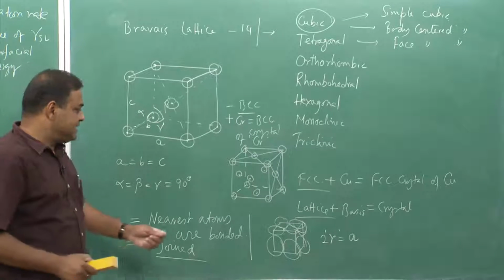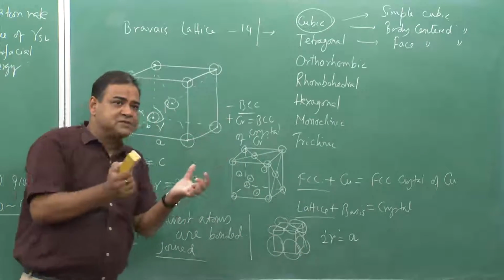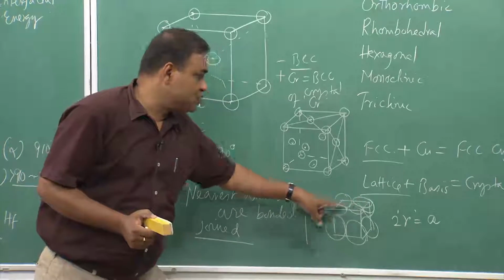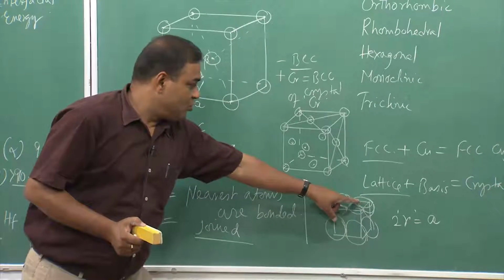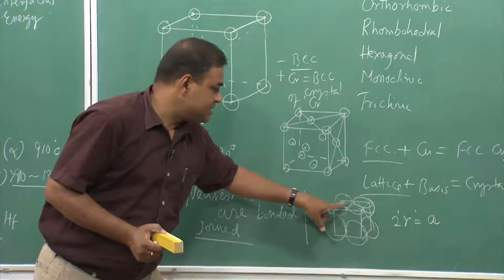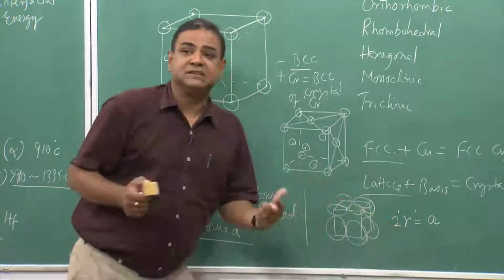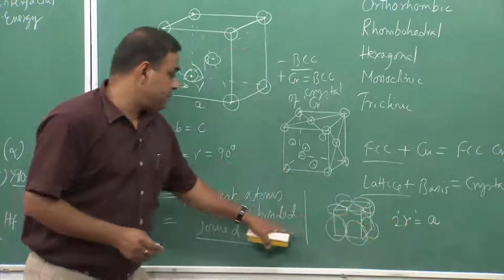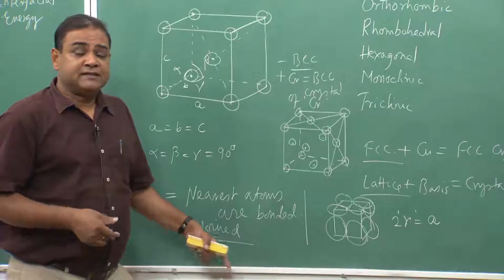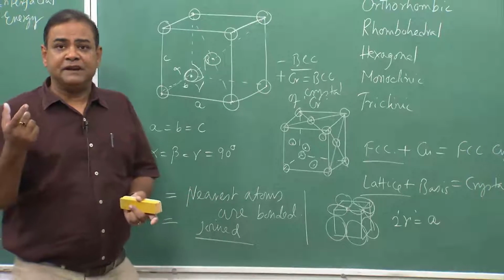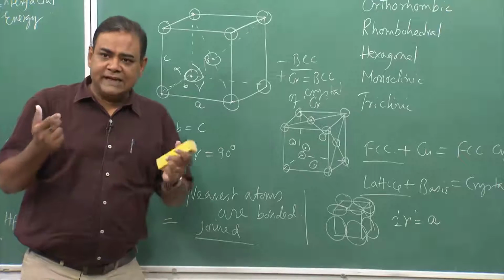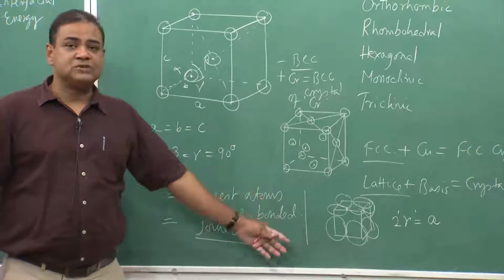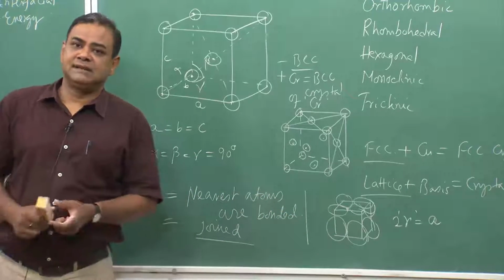In case of simple cubic, all the atoms are connected, and the distance between the centers of these two atoms would be 2r, which is nothing but the lattice parameter. So, you can see the lattice parameter of the simple cubic system is nothing but the addition of the radii of two spheres. Let us stop here, and we will continue the same discussion in our next lecture.